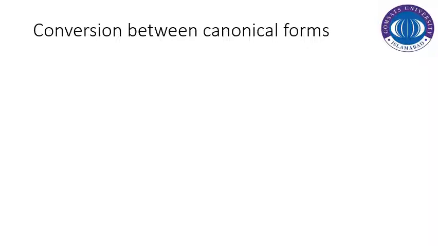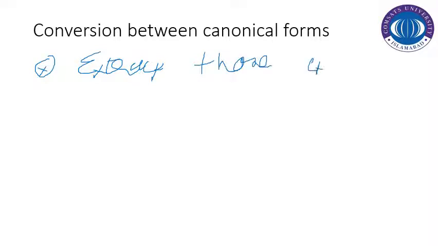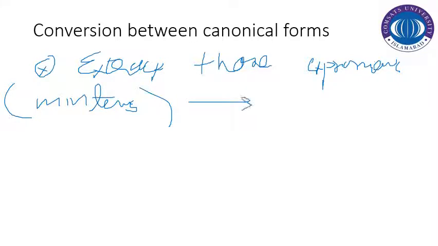Now we can easily convert between the canonical form and standard form. In order to convert, if the expression is in sum of min terms format, the first step is to extract those expressions in terms of min terms that are contributing 0 to the output.